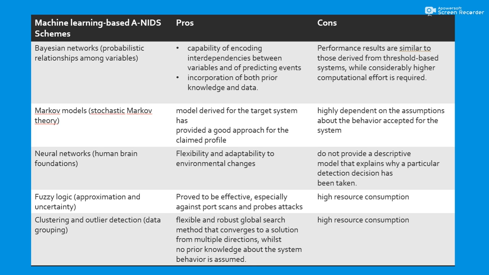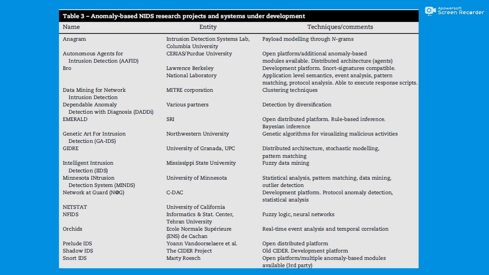Behavior is just assumed, but the disadvantage is that it again requires high resource consumption. This table presents some of the anomaly based NIDS research projects and systems that are under development. You can go through it by yourself.